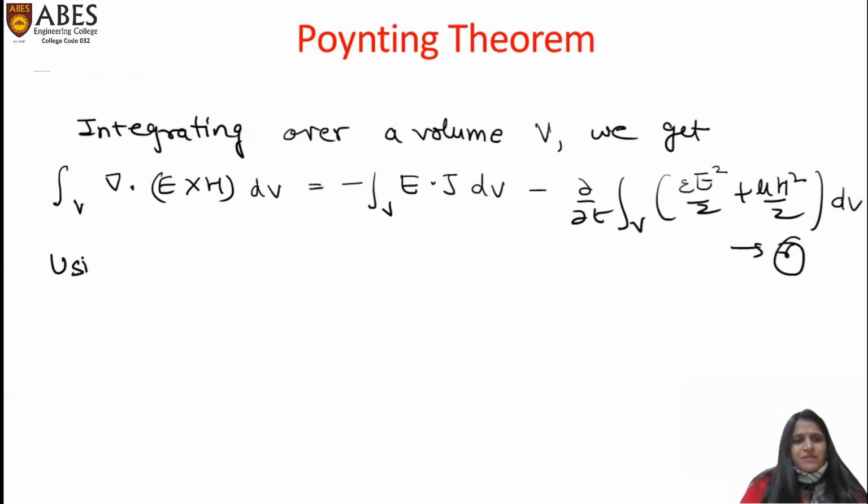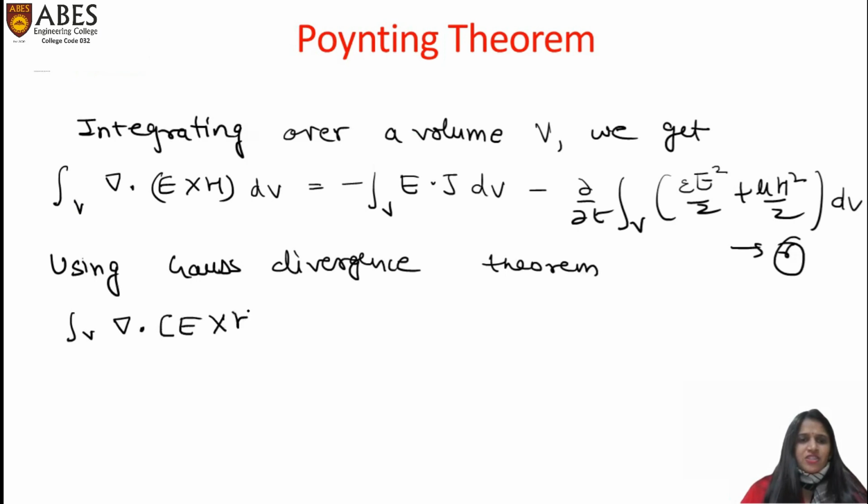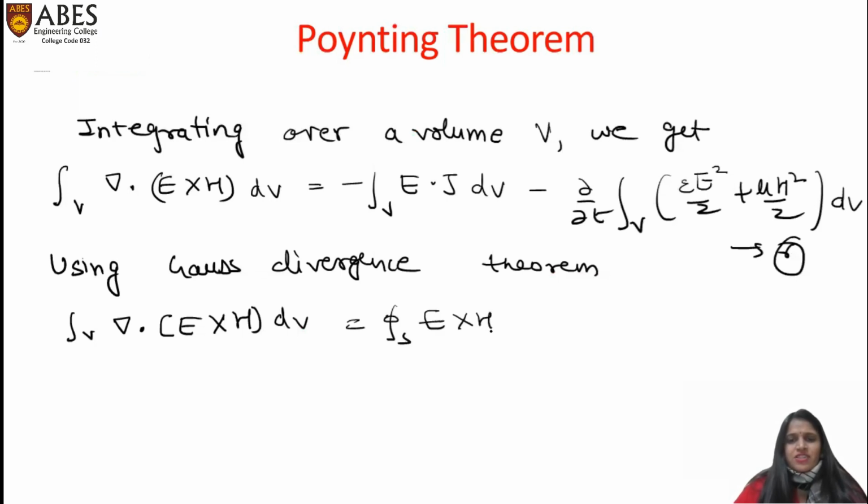Now using Gauss divergence theorem, what we get? To the left hand side we will use volume integral del dot E cross H dV is equal to surface integral E cross H ds, because the Gauss divergence theorem converts volume integral to the surface integral. So we can substitute this in equation 6.